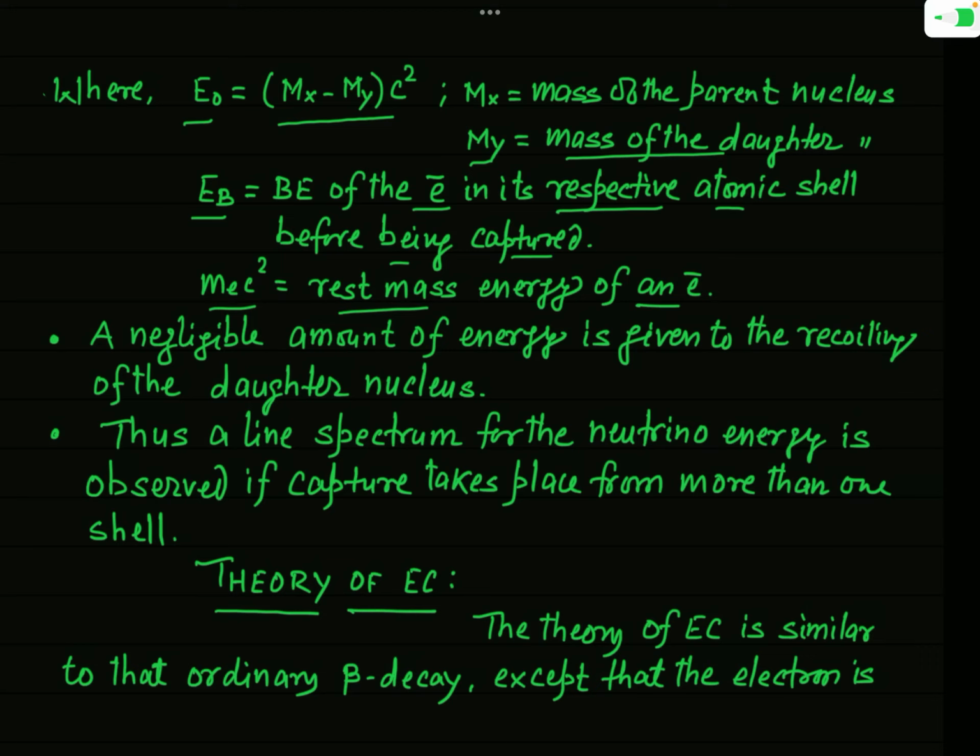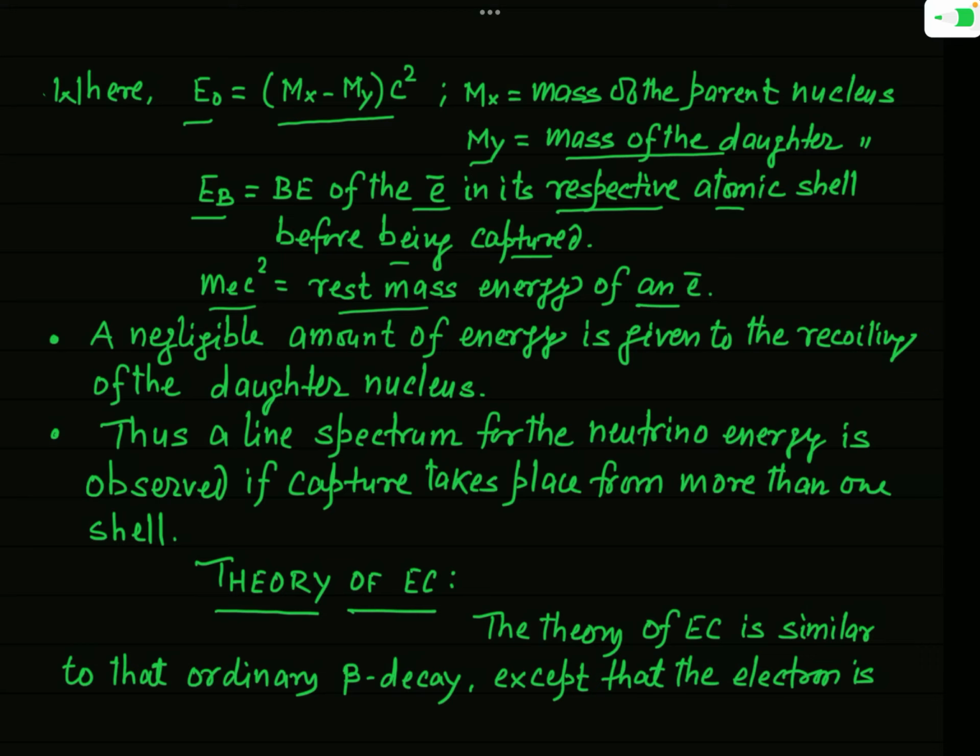And as I have told you, due to the heavier mass, the daughter nucleus shares almost no energy, or you can say a negligible amount of energy is given to the recoiling of the daughter nucleus. Now you can see that E nu is not the same for different electron captures.